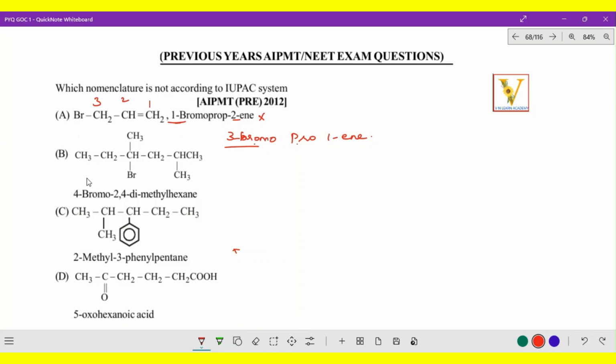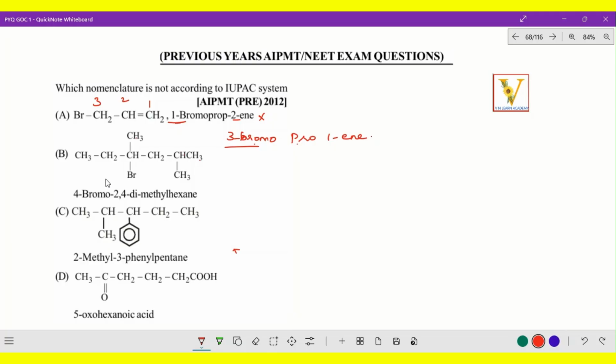Let us check the second one: CH3CH2CH(CH3)... with Br and CH3, named 4 bromo 2,4 dimethyl hexane. There are 6 carbons, numbered 1, 2, 3, 4, 5, 6.